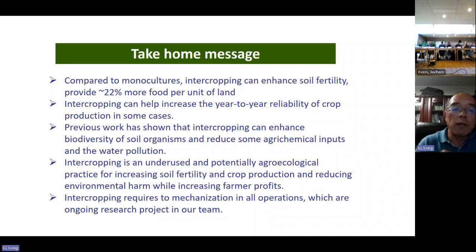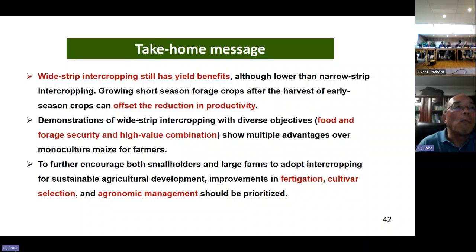Intercropping requires mechanization in all operations, which is an ongoing research project in our team. Wide strip intercropping still has a yield benefit, although lower than narrow strip intercropping; a short-season forage crop after the harvest of the early season crop can offset the reduction in productivity.